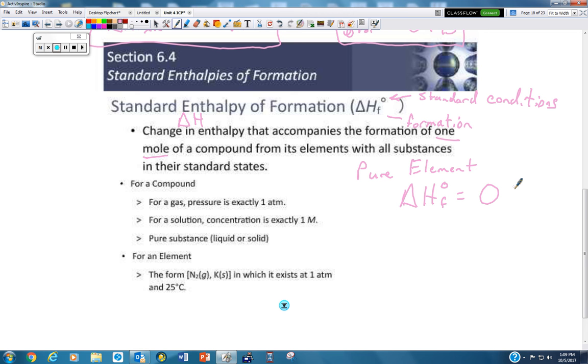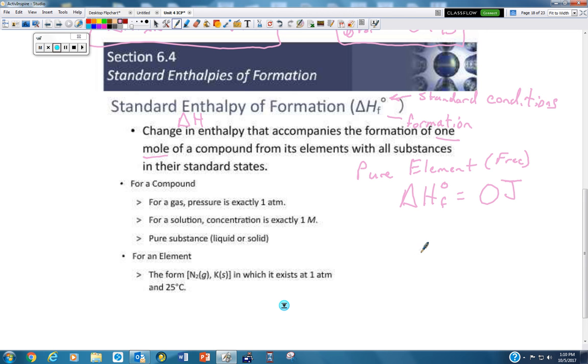Why would a pure element, or a free element, have a heat of formation of 0 joules? It's already as it is. It doesn't take any energy to form it.